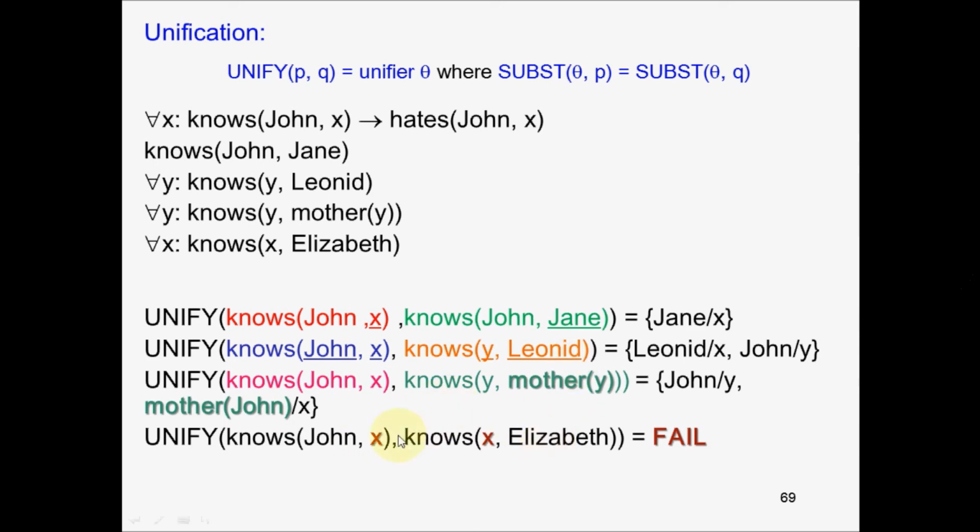The first time it sees this x and this John, it tries to get the substitution that if x can be replaced with John, the first term is okay. But x is already John now. When it goes to the second, it sees that x has to be replaced with Elizabeth. By the time it replaces x with Elizabeth, the value John within x is lost, and as a result it fails.